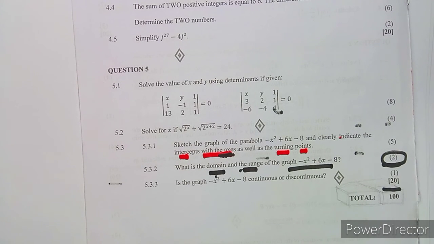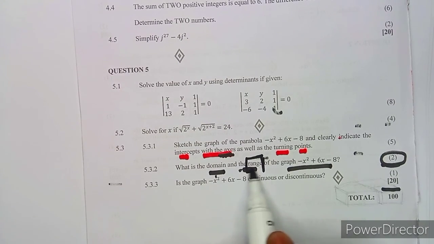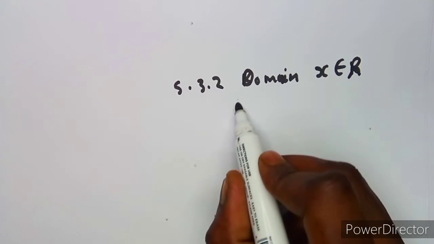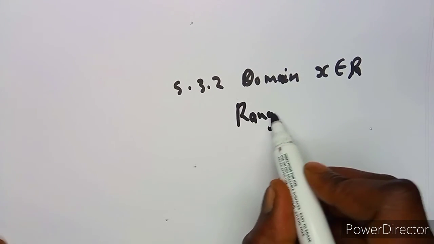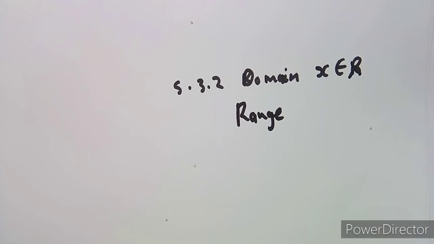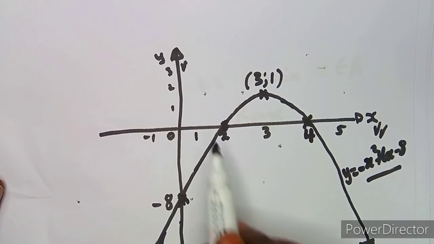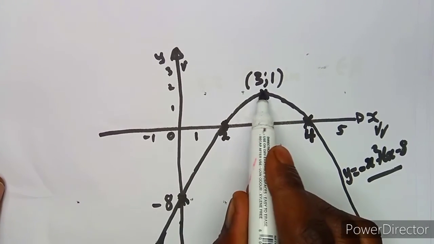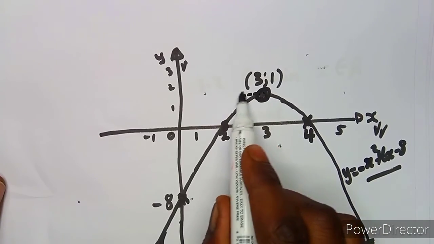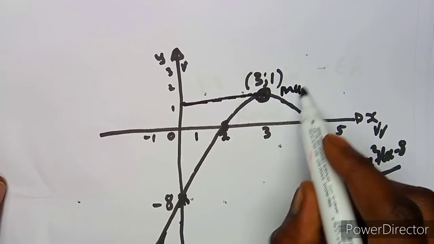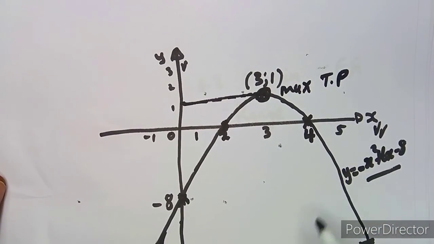And the range is for the values of y. Range affects the values of y. This time the values of y are affected, but the values of x are not. If you cross-check on this graph, these are the values of y, and y is limited at this point of 1. It cannot exceed it, because this is the maximum turning point.